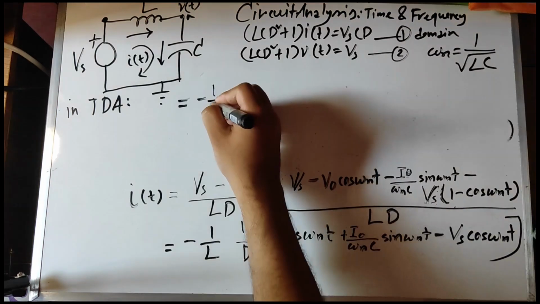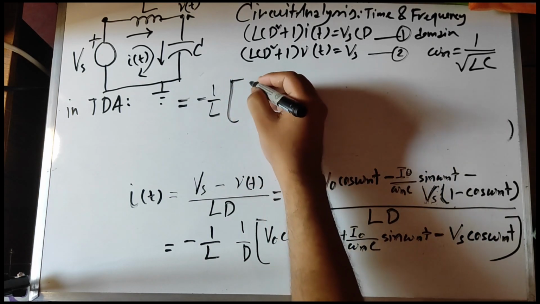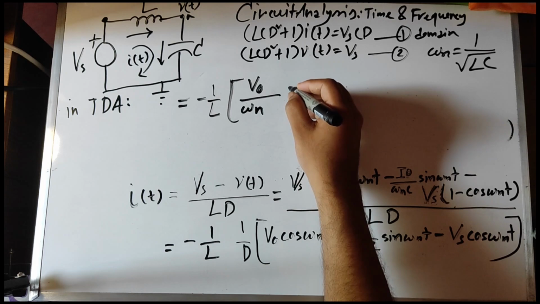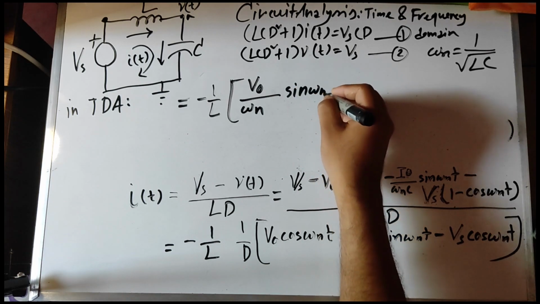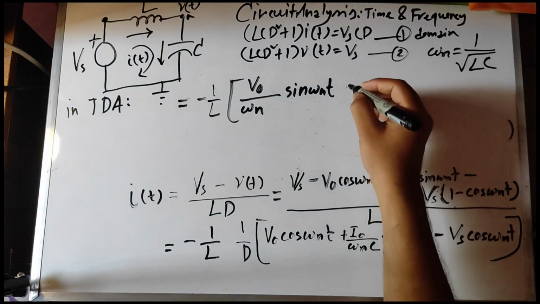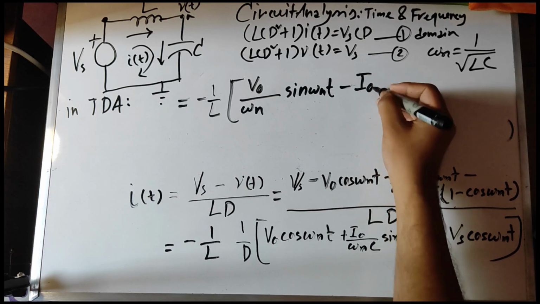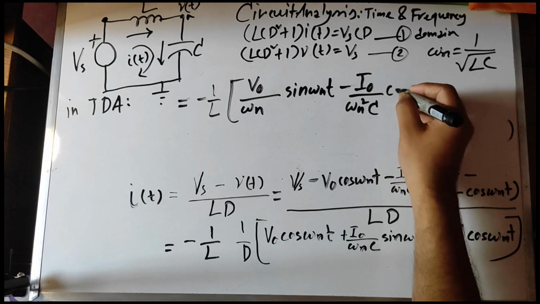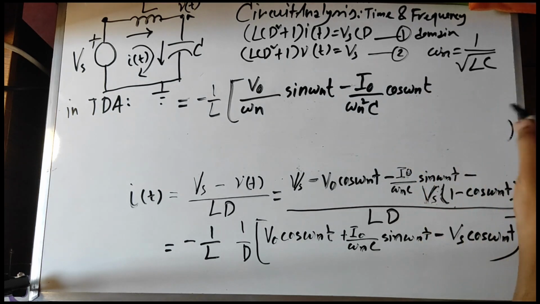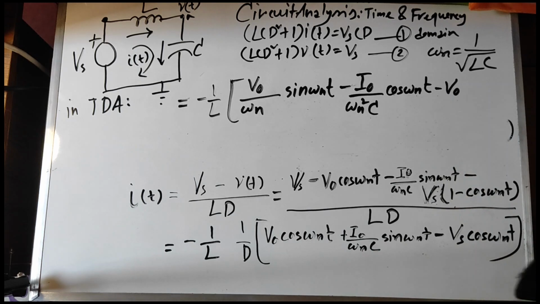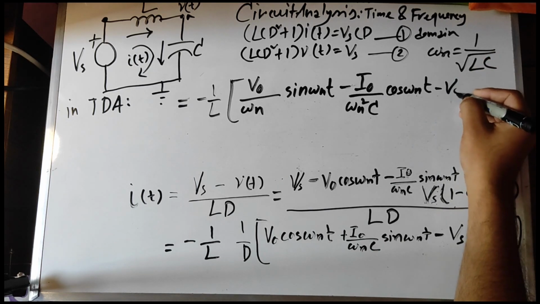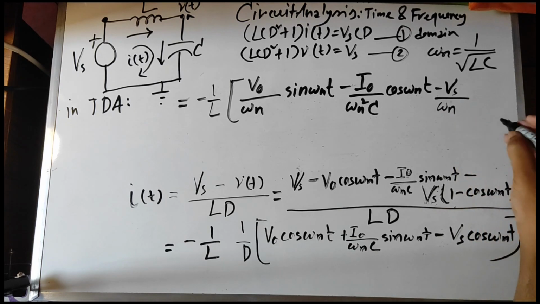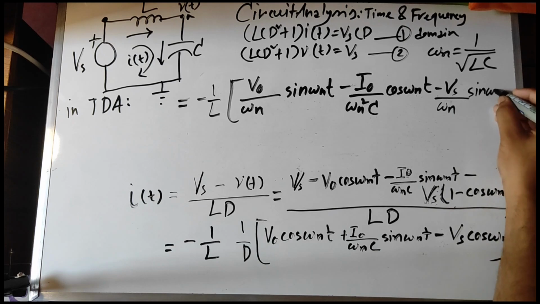Now we are gonna do 1 by L times VO by omega n sin omega nt minus IO by omega n squared C cos omega nt minus Vs, the input voltage magnitude, by omega n sin omega nt.